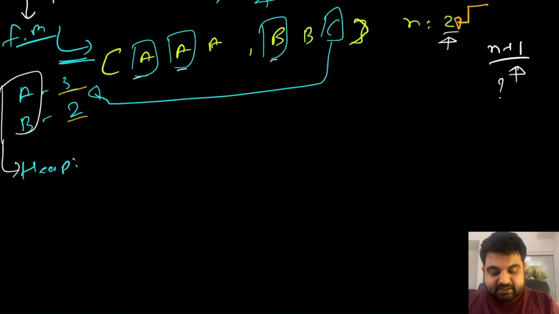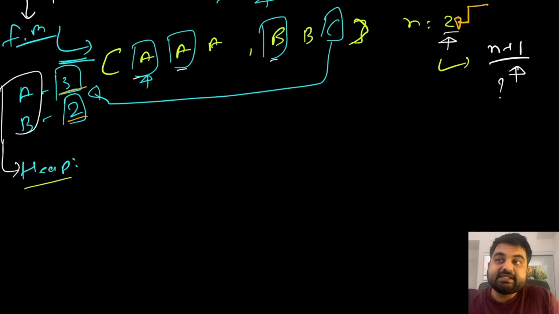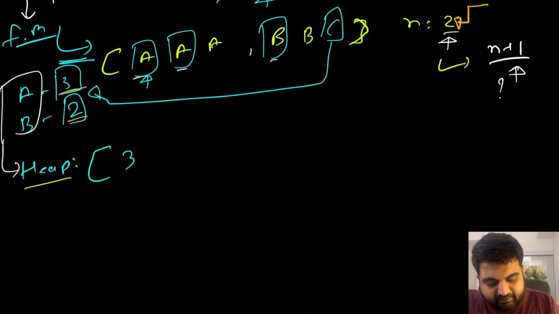All we can do is that we are already tracking the values based on the cycles. We already have a heap to store the values in sorted order. Now, instead of storing these characters, why don't we just store the frequencies? Because in the end, we simply need to return the total number of intervals we are going to need. So in the heap, we can actually store the frequencies.